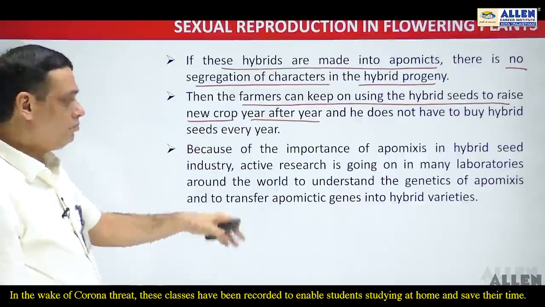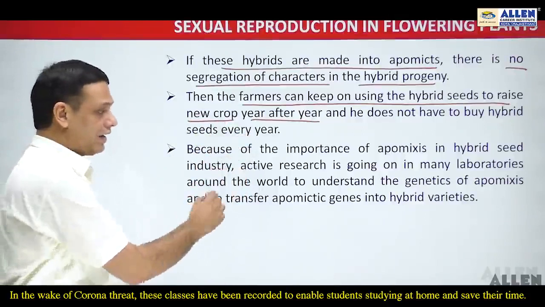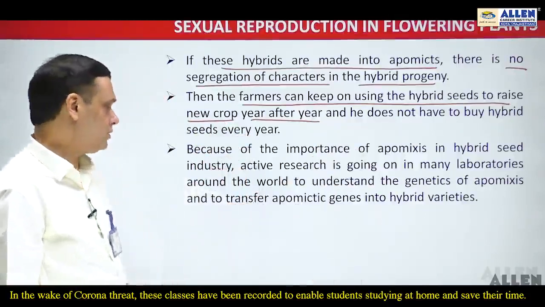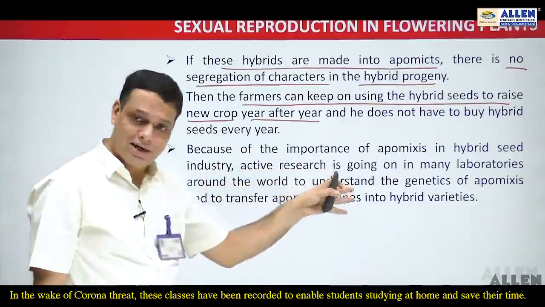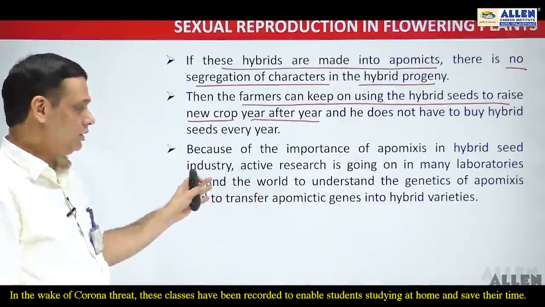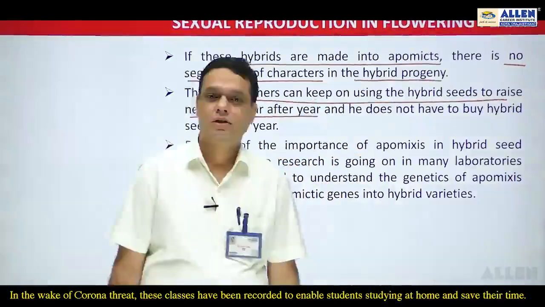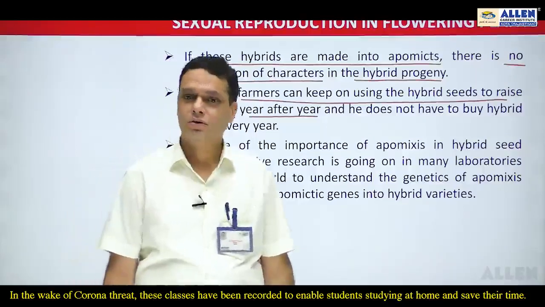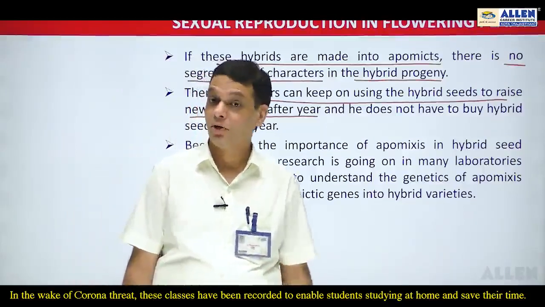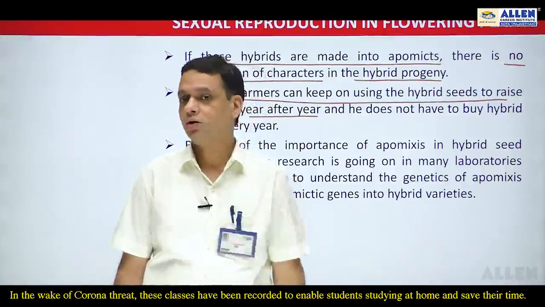Now, because of the importance of apomixis in the hybrid seed industry, active research is going on in many laboratories around the world to understand the genetics of apomixis and thus transfer the apomictic genes into hybrid varieties. So in this lecture, we already discussed embryo development in both dicots and monocots.